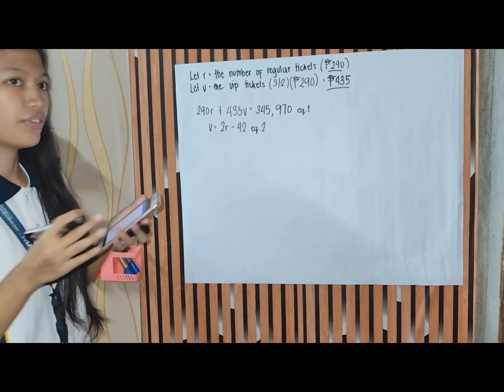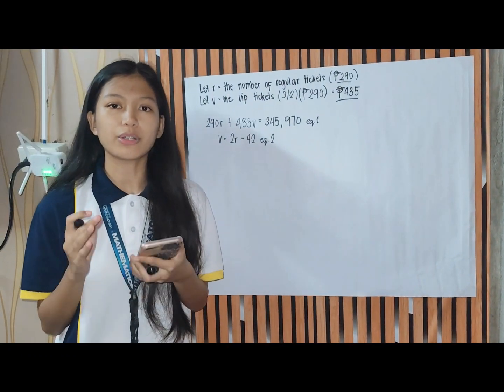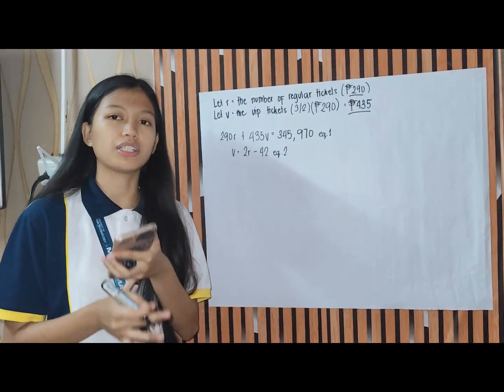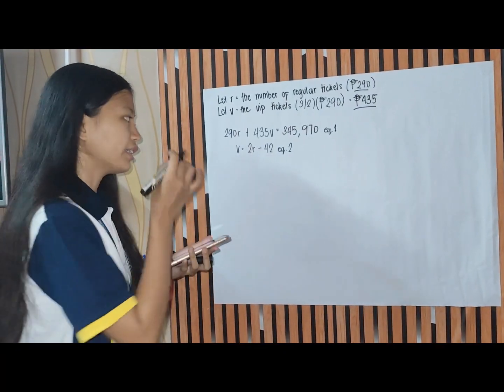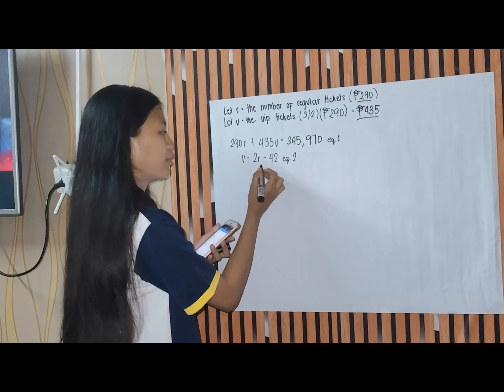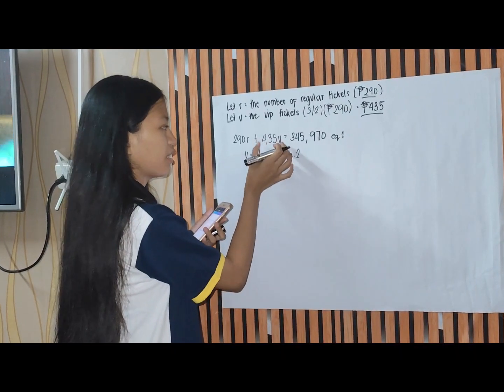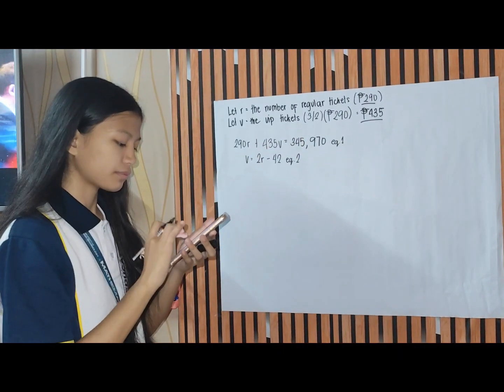Now, we already identified our equations. Now, we are going to identify what system of linear equations we are going to use. Since we already have the value of B, we can just use the substitution method to substitute this into the other equation.